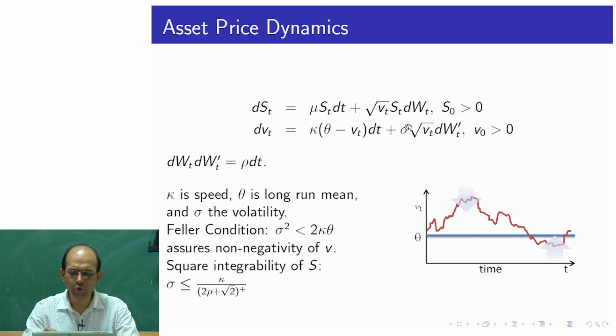If sigma is 0, then there is no volatility, there is no fluctuation, this is just an ODE. How would that behave? It would be just an exponential function, correct, the solution, and if it starts from here, it would converge to this theta exponentially, okay, asymptotically, correct, and if it starts from below, it would just converge like this. Okay.